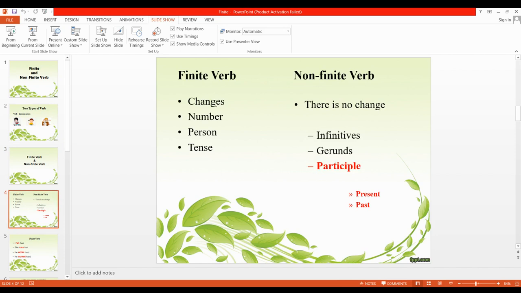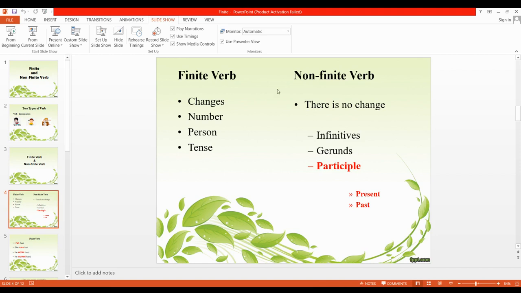Whereas non-finite verb is not at all changing. There is no change in verb. And again, there also we are having three categories: infinitives, gerunds, and participle. Participle again is divided into present participle and past participle.